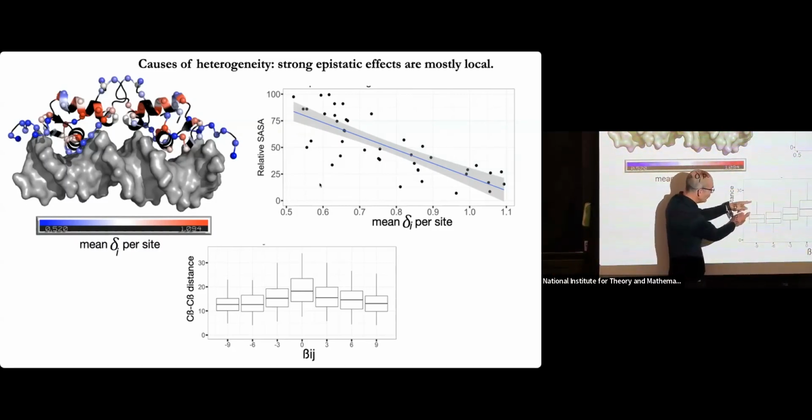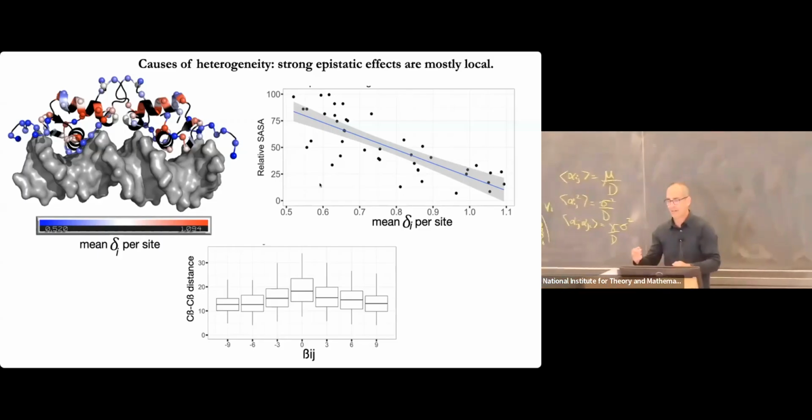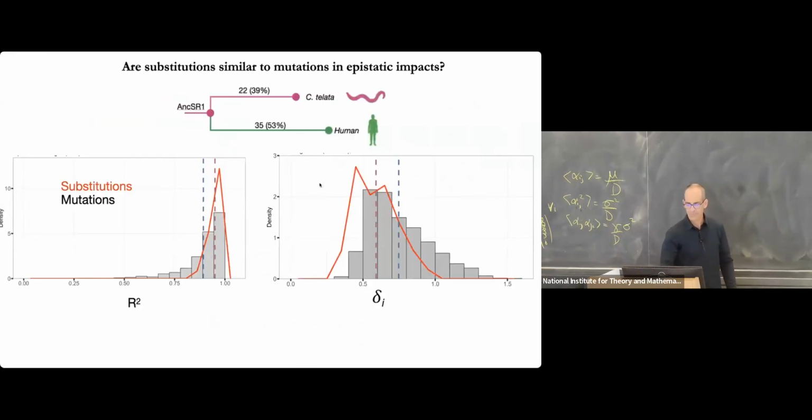There's still a few that are surprisingly distant, and I don't know how to explain those, but most of these are quite local. And because these are beta carbon distances, a lot of these are really very close, either next to each other or facing each other.